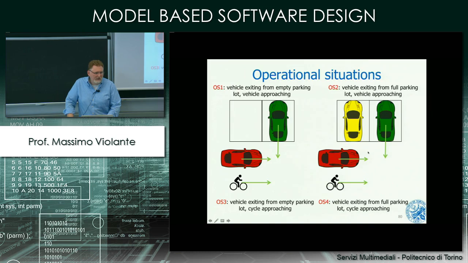Then the same, but instead of having a vehicle approaching, we have a cycle approaching. So vehicle exiting from empty parking lot, cycle approaching. Vehicle exiting from full parking lot, cycle approaching. Okay? Is this clear? You may wonder what does it change. We will see in a minute.